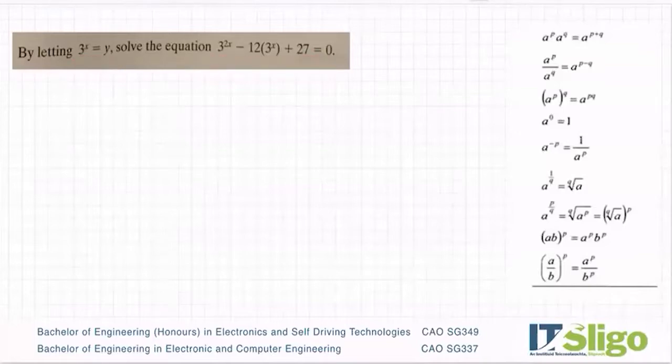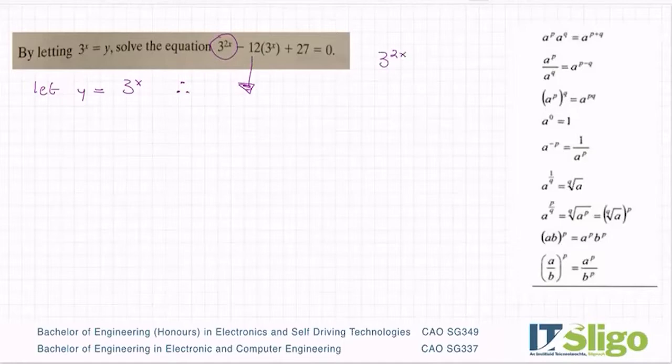Okay, so let y equal 3 to the power of x. Therefore, this equation here I need to write in terms of y's. So you see this 3 to the 2x?